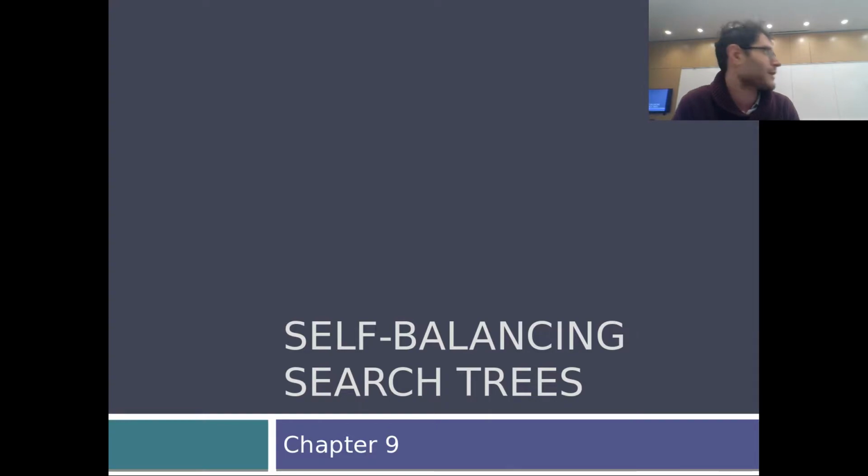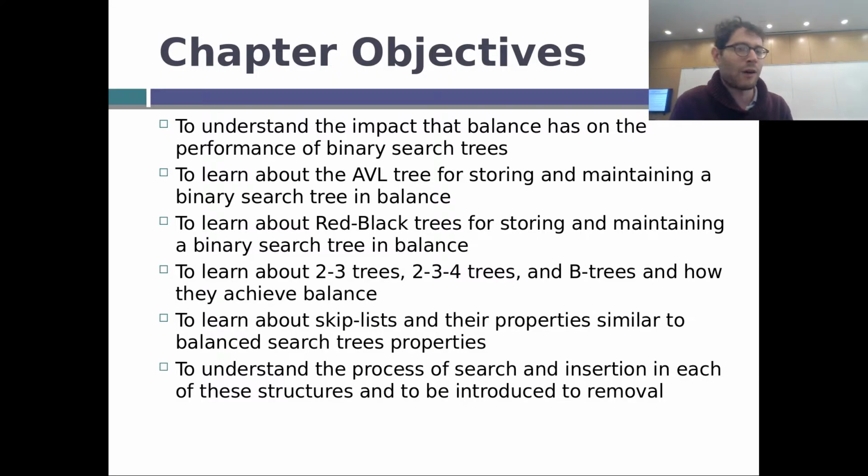What I care about is in particular the operations these all have in common, because this ninth chapter is all about self-balancing binary trees, and there's a bunch of different implementations for them. There's AVL trees, red-black trees, 2-3 trees, 2-3-4 trees, and B trees.